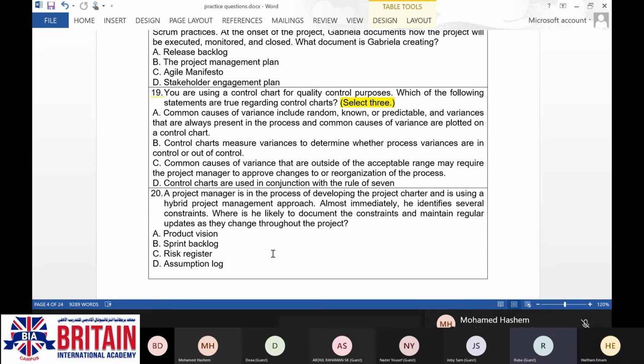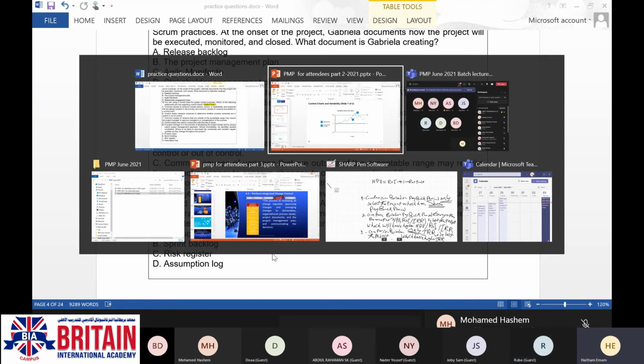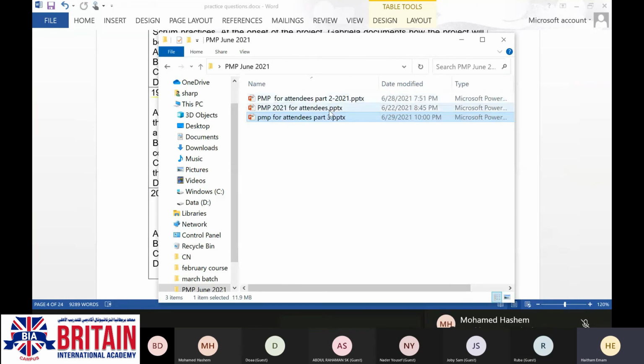Okay. A. Project vision, sprint backlog, risk register, assumption log. Project vision, again? Project vision, product vision. Okay. Let's go back to the first presentation.